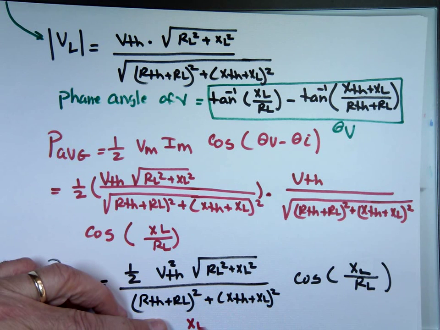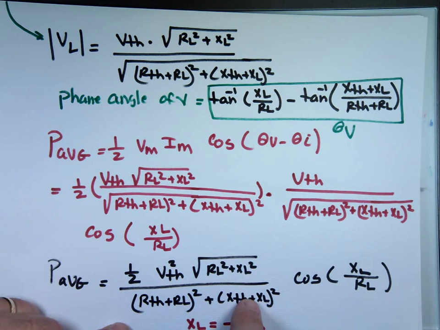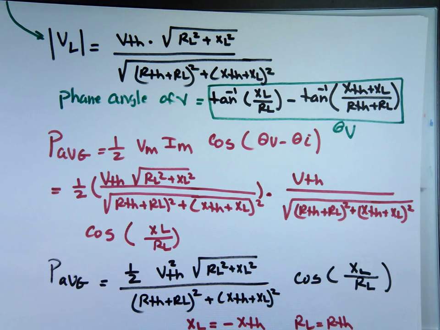XL has to equal what? Negative X Thevenin. If you do that, this becomes 0. It's gone. And if you let R sub L equal R Thevenin, this turned out to be actually what we're looking for.